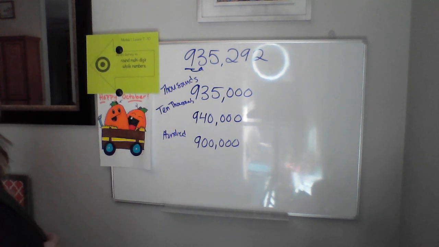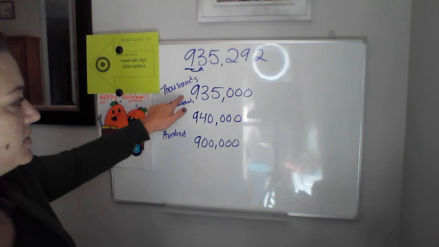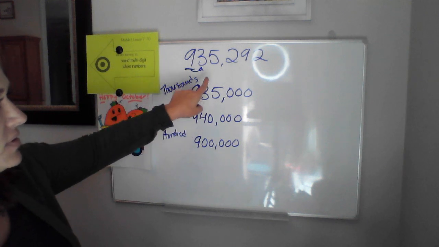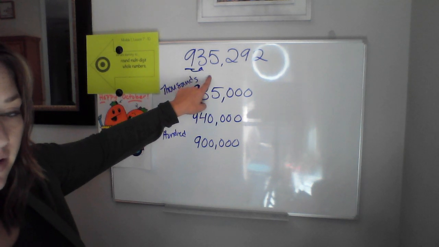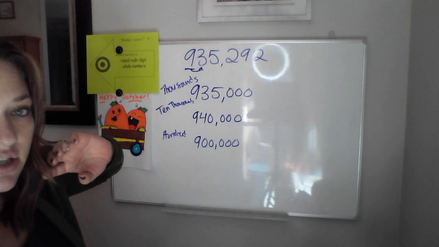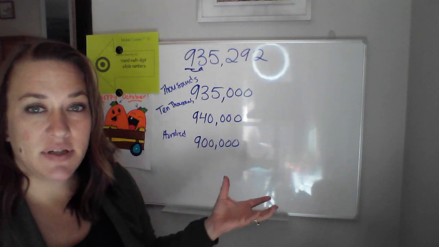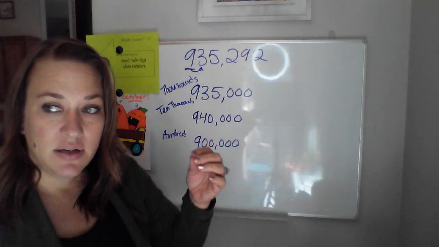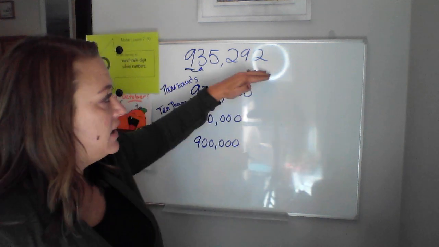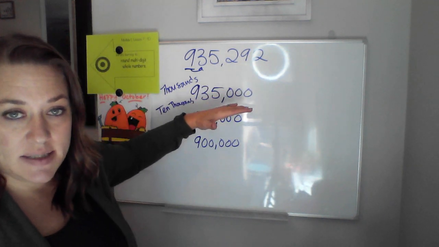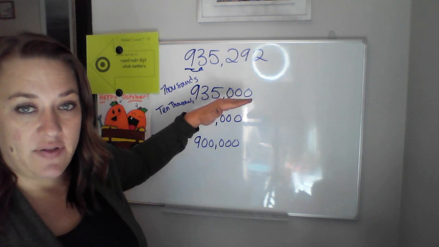Okay. So when we look at those 3 different numbers, we can see that when I rounded to my thousands place, it got me the closest number to my actual number. So depending on what we're working with is going to determine which place value we want to round to. If I were to talk about how many boxes I need, if I needed this many boxes, rounding to my thousands place wouldn't be reasonable because I wouldn't have enough.